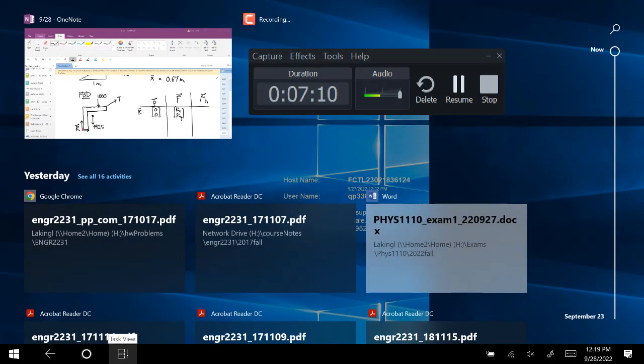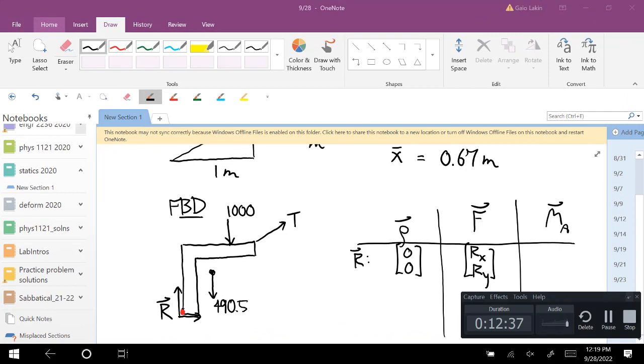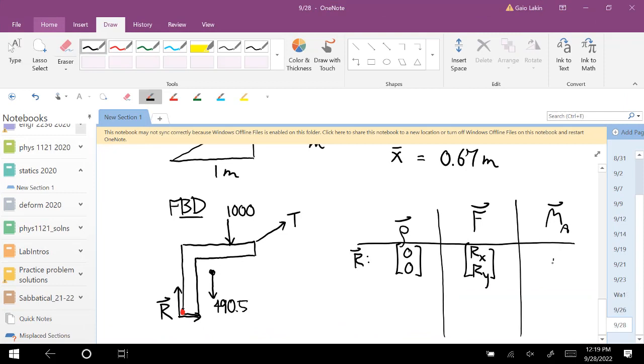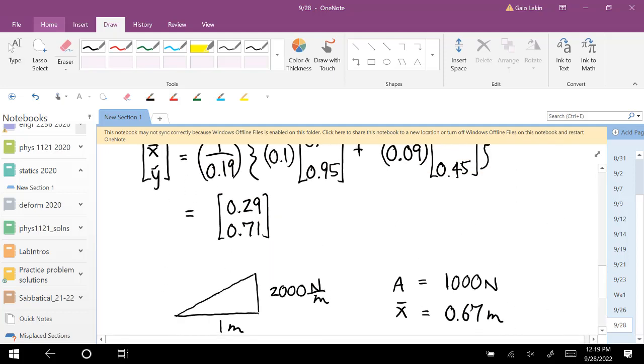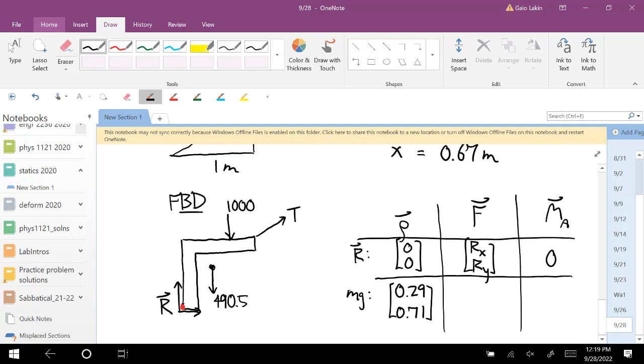Did I start this again? The cross product is 0. And then the weight force, the row vector is 0.29, 0.71. Those two components add up to 1.